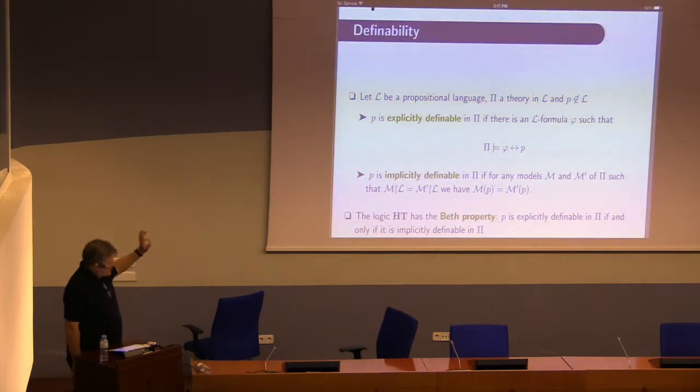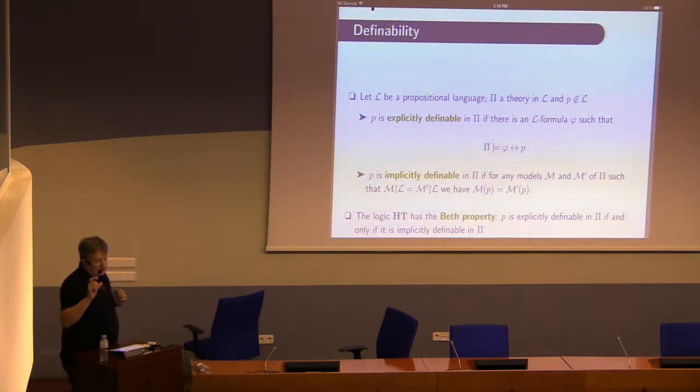It's implicitly definable if whenever I have two models of the language that contains this predicate or this atomic formula, and those models agree on everything except for this extra predicate or atom P, then they are actually equal.